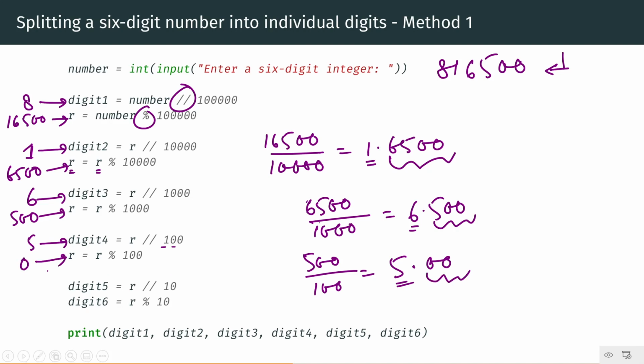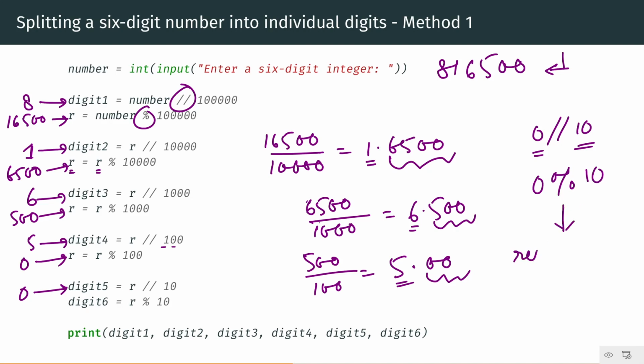Now digit5 equals r divided by 10. r is 0, the remainder is 0. So when you divide 0 by something, what do you get? You get 0. And when you divide 0 by anything, the remainder is also 0.